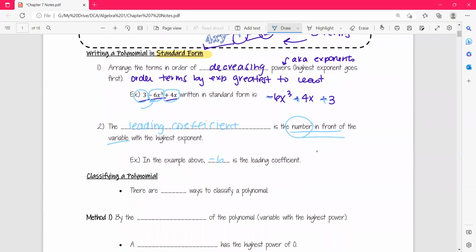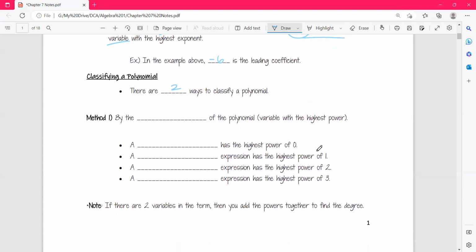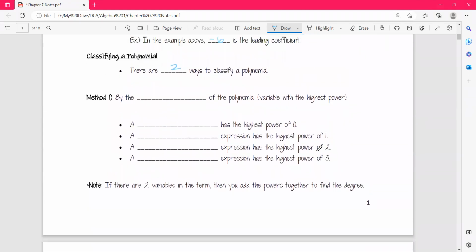Some other vocab here. Classifying a polynomial. There are 2 ways to classify a polynomial. First way, and this is the way we're going to do a lot, is by the degree or exponent of the polynomial. Variable with the highest exponent is how we're going to classify a polynomial.